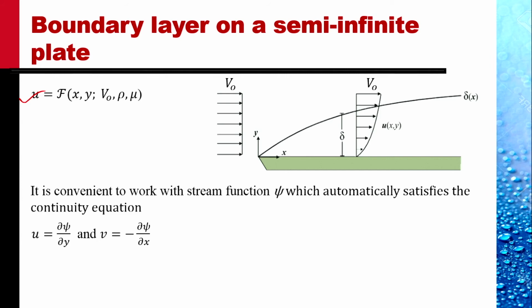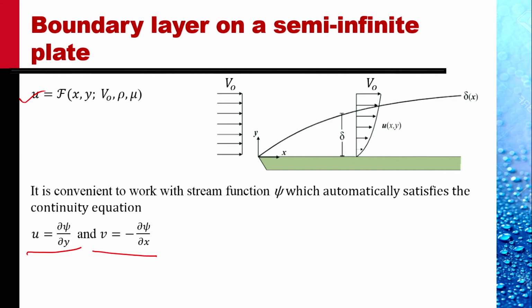It is convenient to work with stream function psi, which automatically satisfies the continuity equation. If we don't work with stream function psi, we need to deal with two dependent variables u and v. That complicates things. So we introduce stream functions. u is equal to del psi by del y, and v is equal to minus del psi by del x.